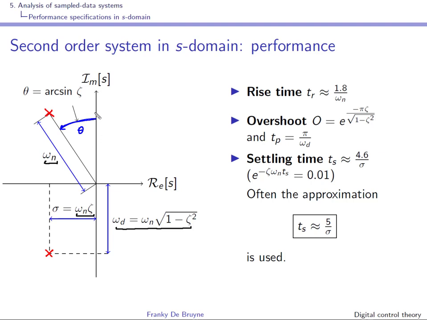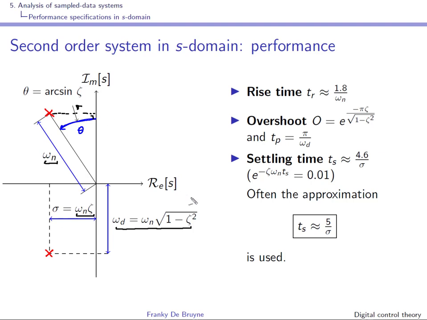You see that this is indeed consistent, because if you're working in this right angled triangle, you see that this distance here, sigma, is indeed omega n times the sine of theta, the sine of the arc sine of zeta, so you'll have omega n times zeta. So everything is consistent in here.